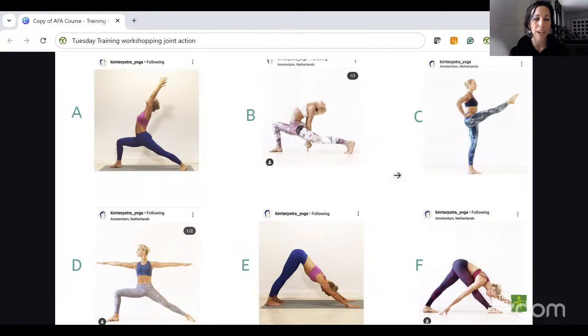For those of you who add the most answers in the chat below this replay video of the joint actions that are happening at the shoulder in especially image D, image E, and image F, because we have not gone over these three together as a class. If you want to add those in the chat section, and if you want to add extra entry points, add the hip joint action that you see in the poses. Some of them we already covered last week, but add them under this video.